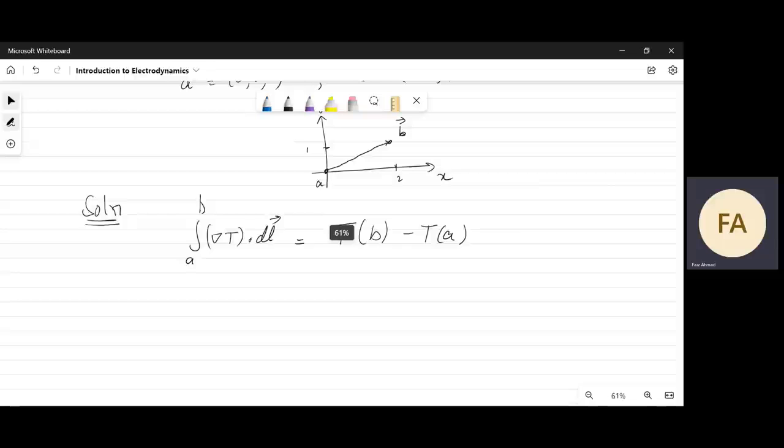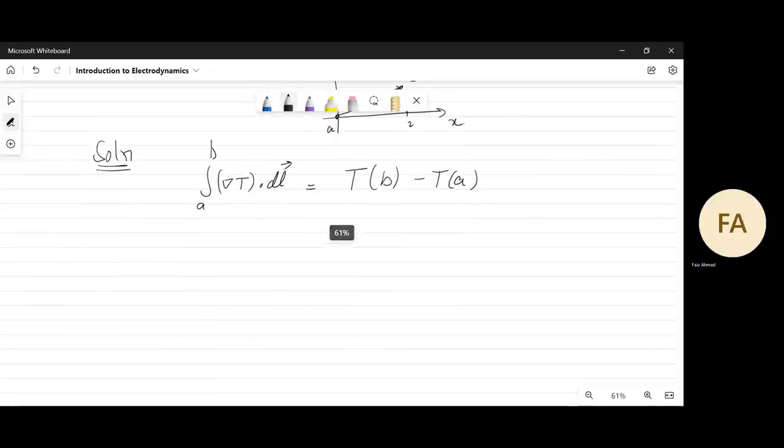All right, let's take the left hand side first. If we want to resolve the left hand side, we need to find del t first.